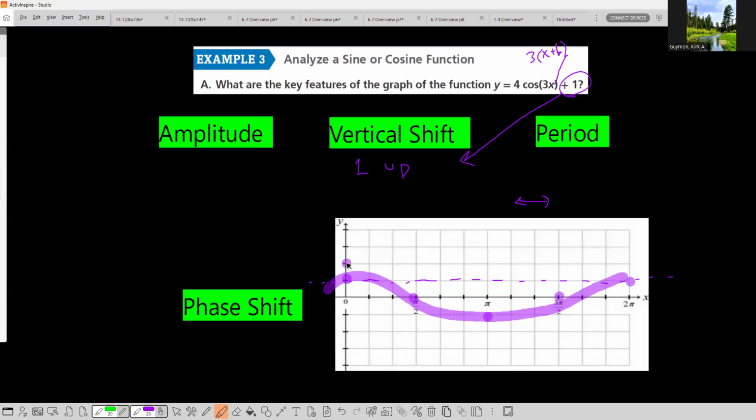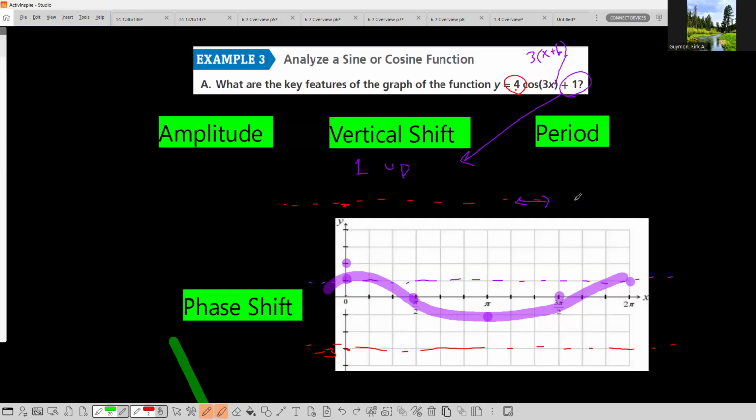But in addition to that, on this one we've got an amplitude of 4. So if 1 is normal, then we would have to go 4 up for our high point. 4 below the midline, 1, 2, 3, 4, we'd go as low as this -3. We'd go as high as this up here.